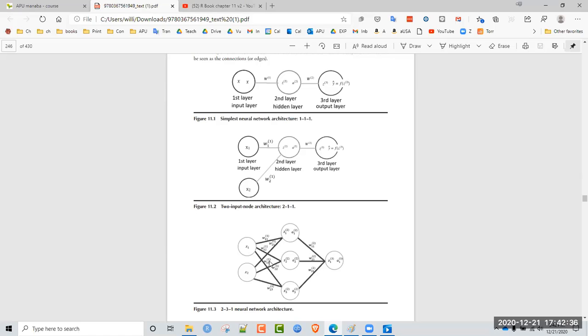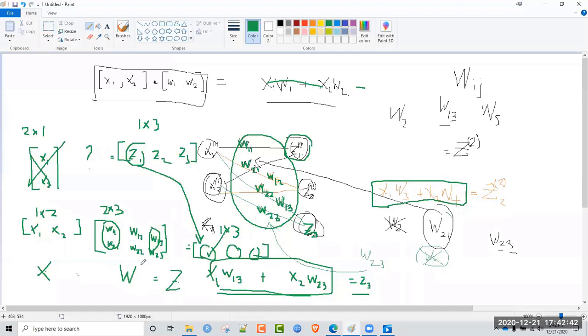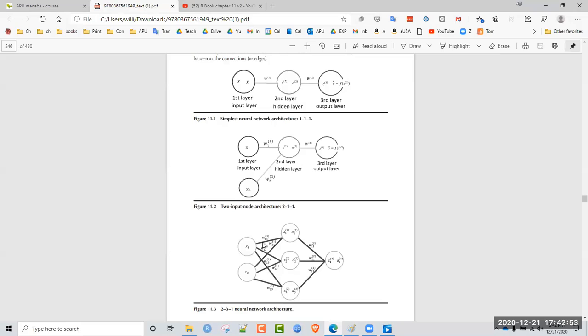So we'll call this one capital W1, to indicate that it's the weights for here, all of these weights. And then we'll call this one capital W2. All right, so now we just talked about how to calculate Z1, Z2, and Z3.